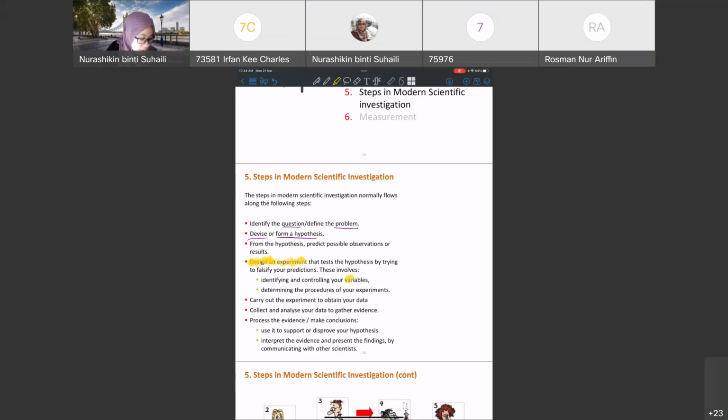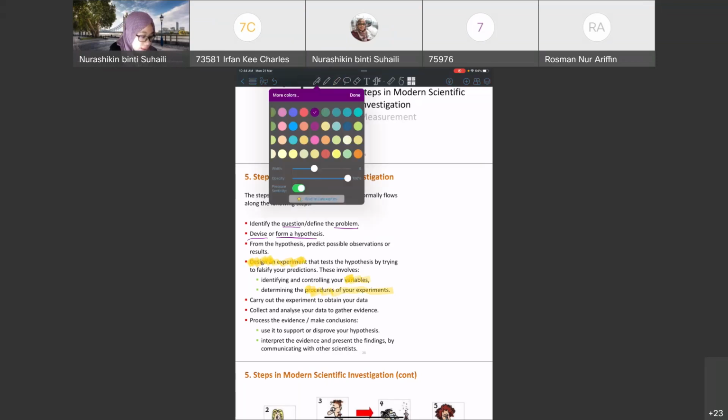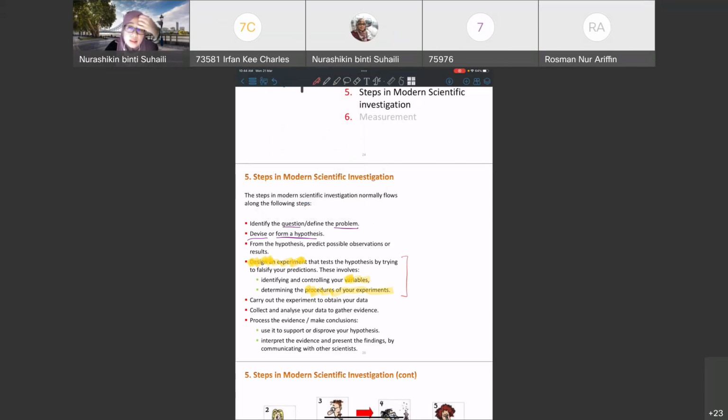Identify and control your variables, determine the procedure of your experiment. I think you will apply this one a lot. So what is meant by design your experiment? It means that whenever you start an experiment, at school, did you write in a logbook what methods you have to do?